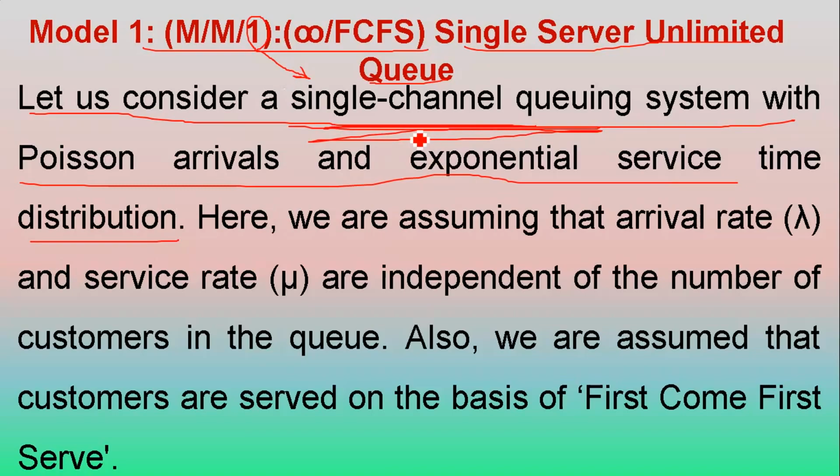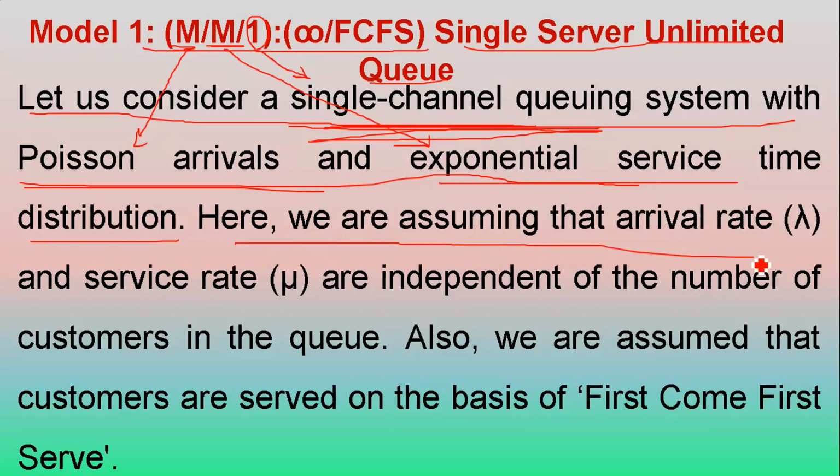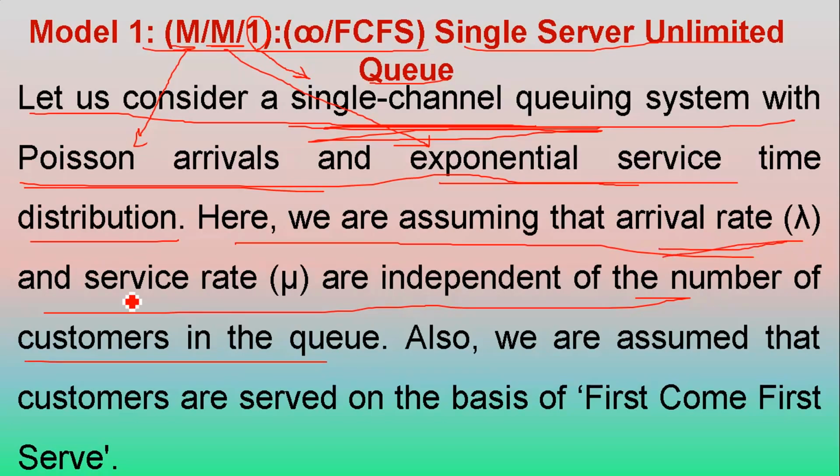And one more thing is Poisson arrivals and exponential service time. Poisson arrivals means what? This M is used for Poisson arrivals, and the second M is used for exponential service or exponential departure, right? Then next, here we are assuming that arrival rate and service rate are independent of the number of customers in the queue, right? Arrival rate is nothing but lambda, and service rate is nothing but mu.